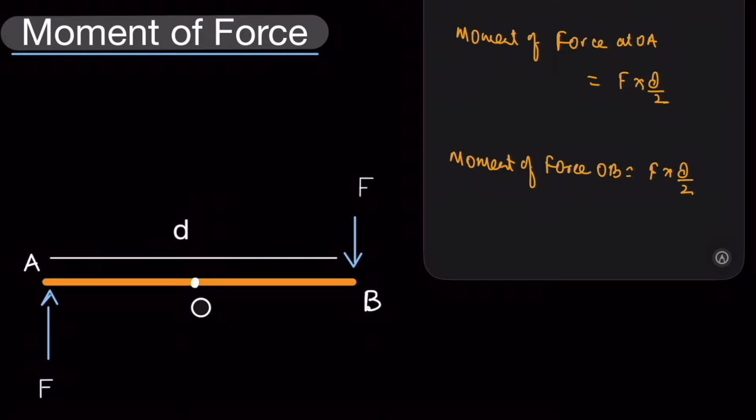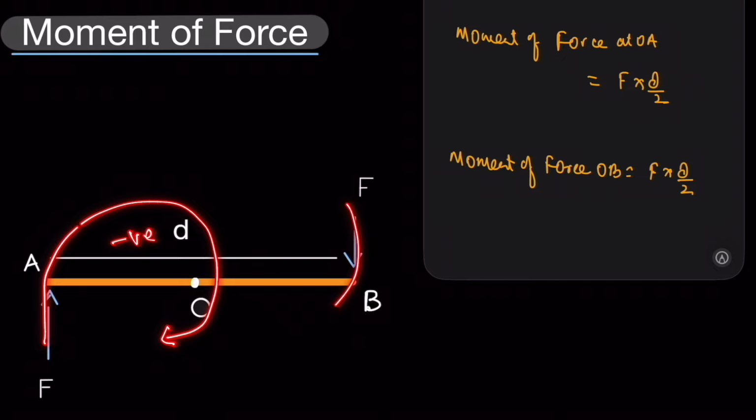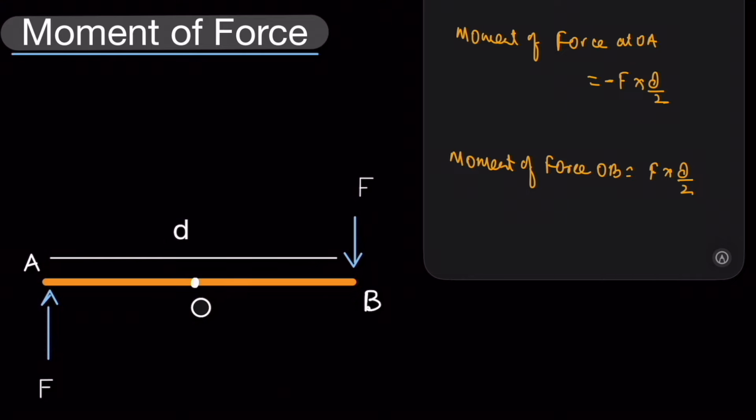In this case, it is following clockwise, so it is negative, and this is also following clockwise, so this is also negative. So we can put the minus sign here. So what is the net moment of force, or net torque? Minus F into d by 2 minus F into d by 2. So we can consider it as minus F into d.